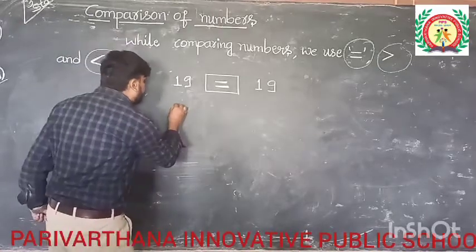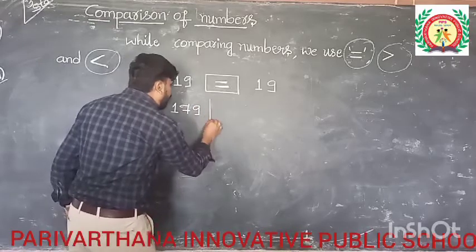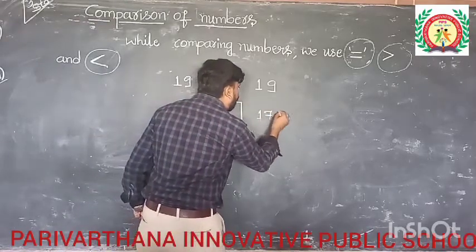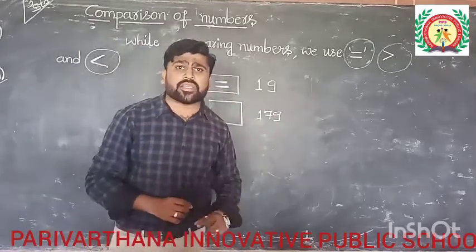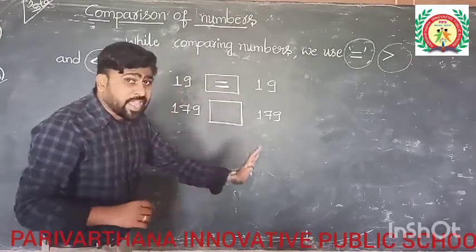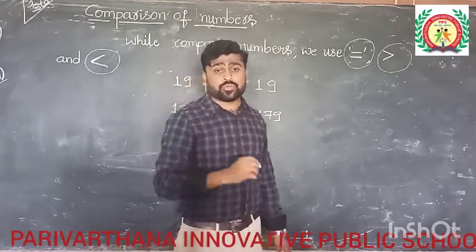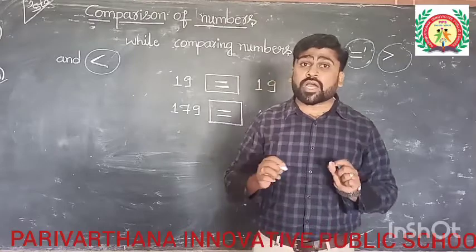Now listen here. 179, and another number, also 179. Again we are comparing two numbers, and the two numbers are the same. That time we have to use equals. Clear?